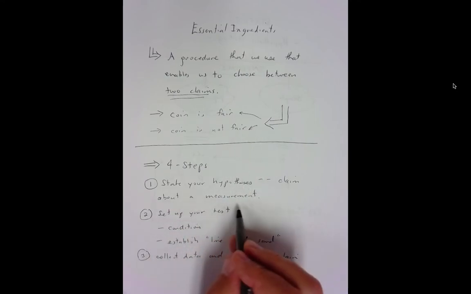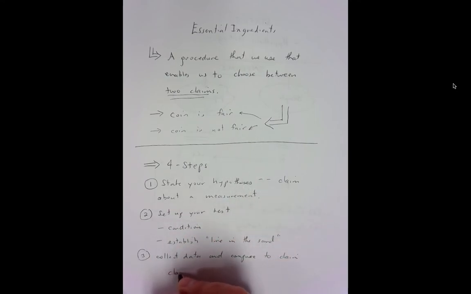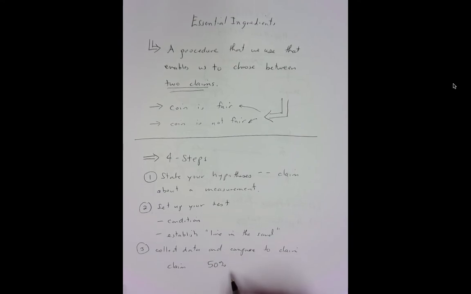So your claim is that 50% of the time you should get heads. So you sit and you flip this coin, so you collect your data, and you found that 75% of the time you got a head.